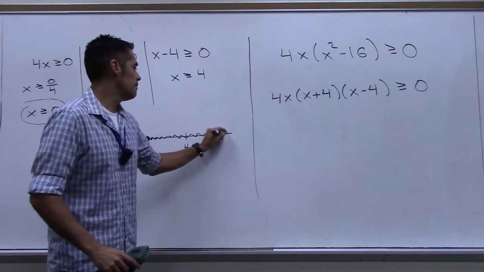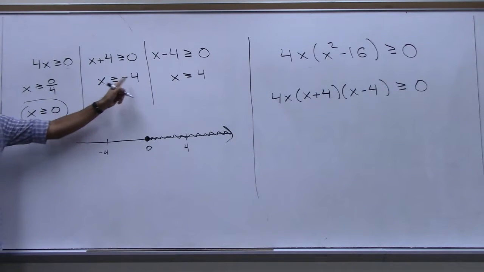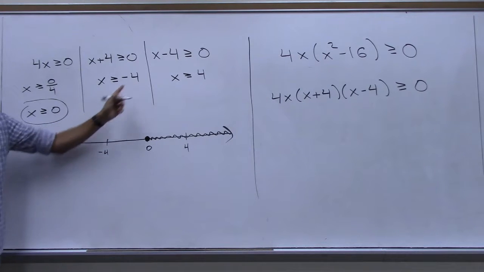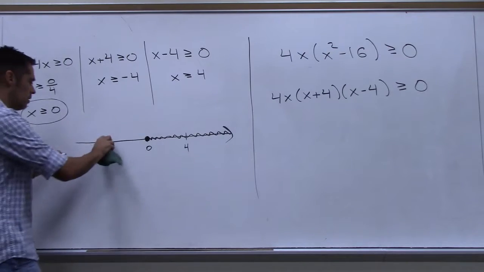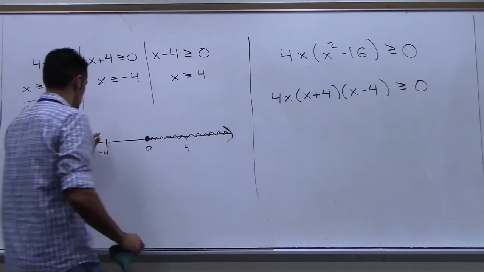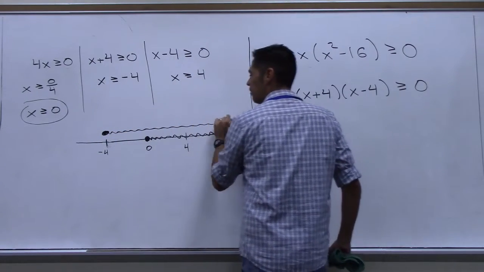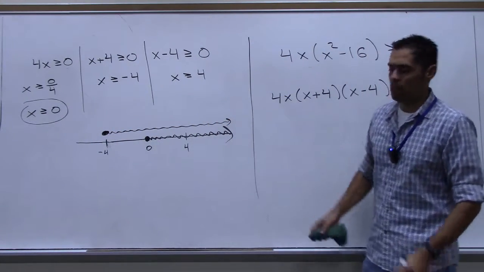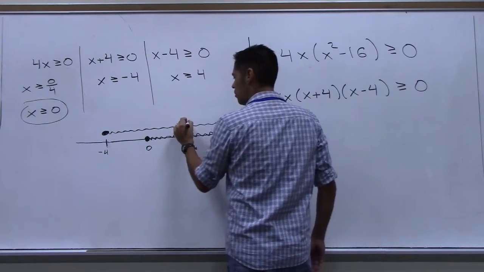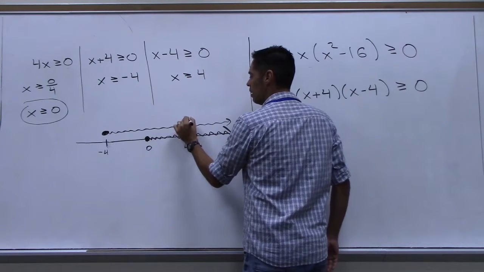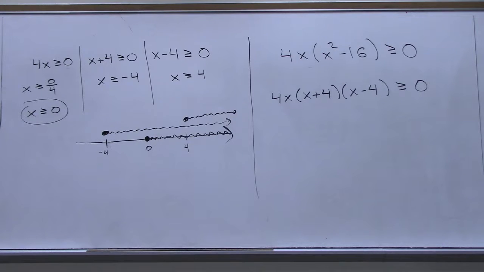This one says x must be greater than or equal to negative 4, which would mean everything from here. I'll do it above so we don't write on the same line. This says everything from negative 4 forever this way. And the last one says everything greater than or equal to 4, which, if this is 4, means everything from here to the right, correct?